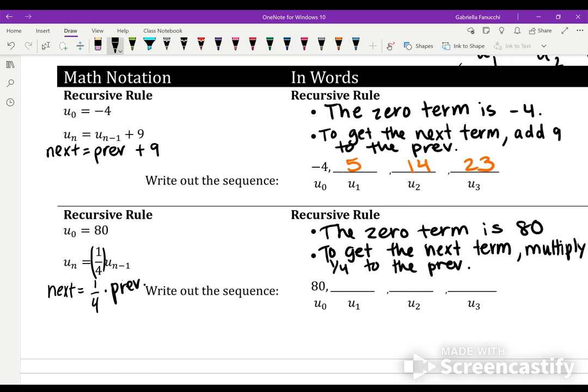So 80 times 1/4 is going to be 20. 20 times 1/4 is going to be 5. And then 5 times 1/4 is going to be 5/4. But if you put that as a decimal, that's going to be 5 divided by 4, which is equal to 1.25.